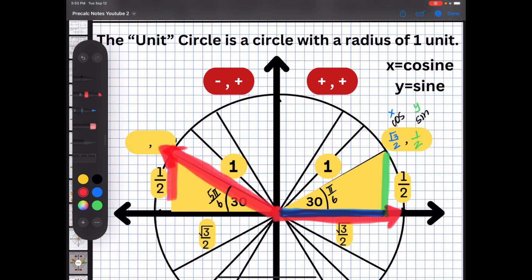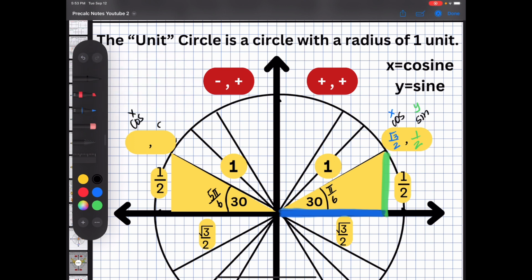The reference triangle that's created would be the one that I have pictured on screen. And so I use a 30, 60, 90 triangle with the given sides. And to find cosine, I'm going to use x. And to find sine, I use y. So the cosine value along the x-axis of this triangle is radical 3 over 2.